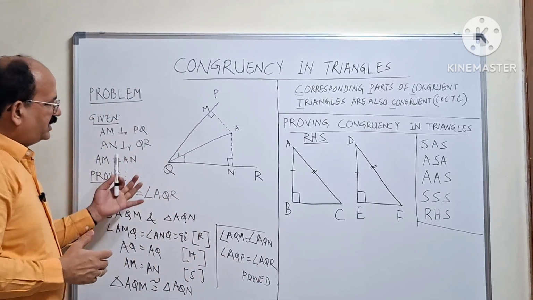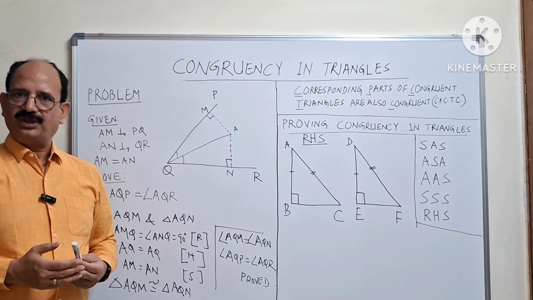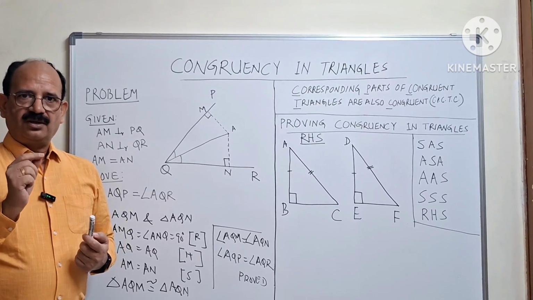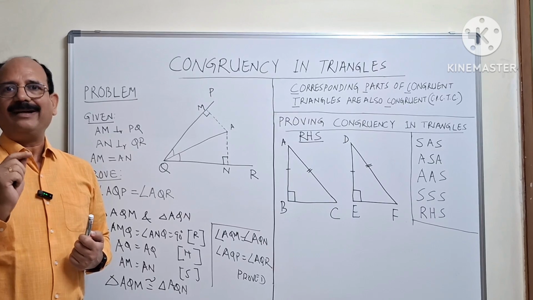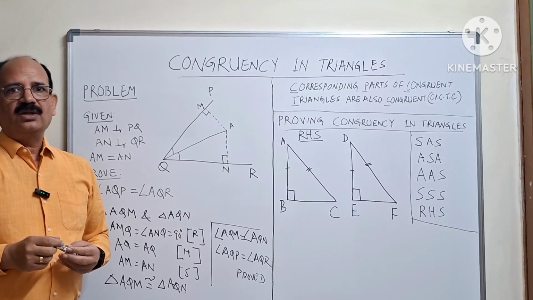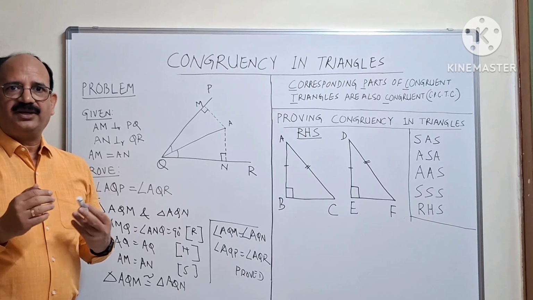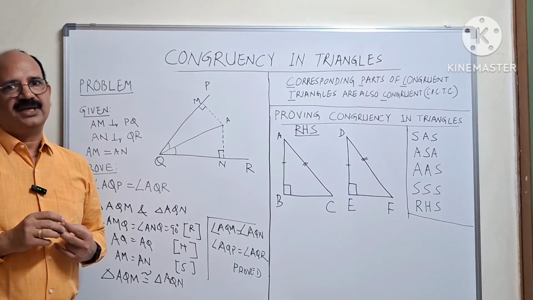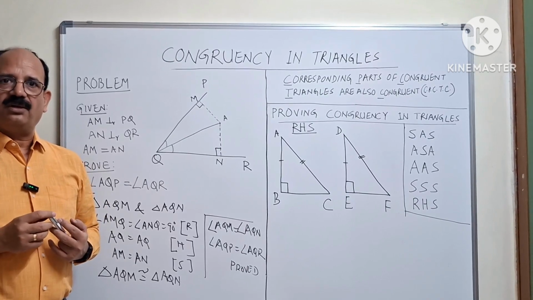So with this example, you might have understood how the RHS criterion needs to be used. If you happen to find two triangles which have one right angle each, then the RHS criterion should come to your mind, and then you should try establishing the hypotenuse of the two triangles being equal and any one side in the two triangles being equal.